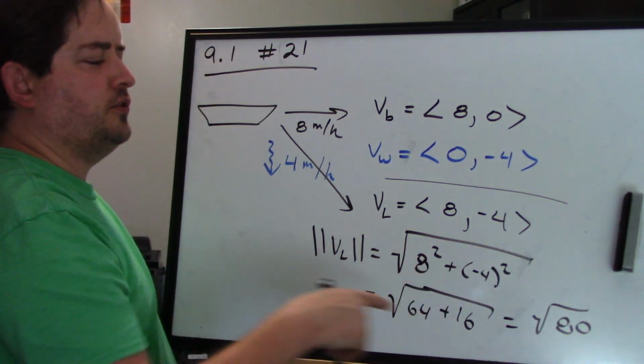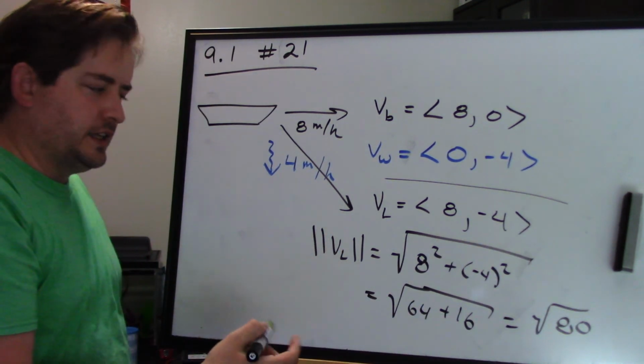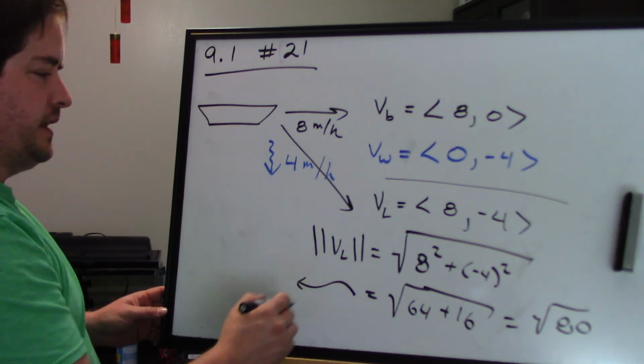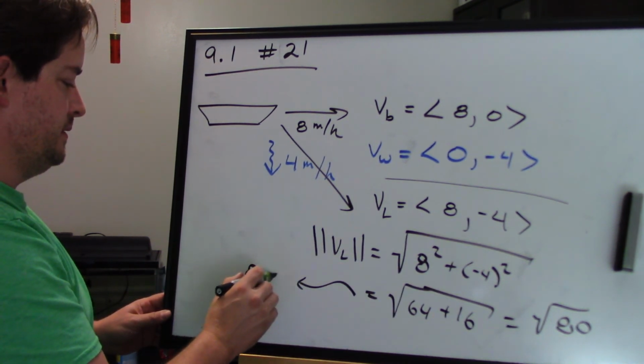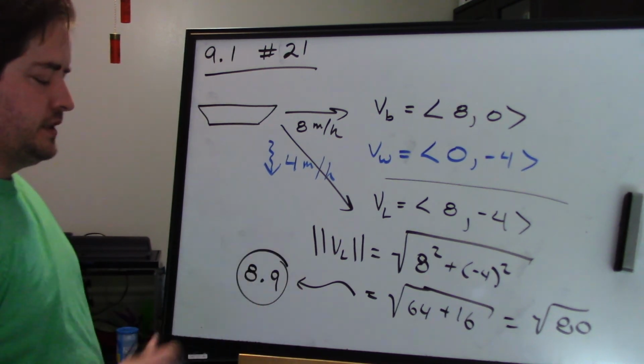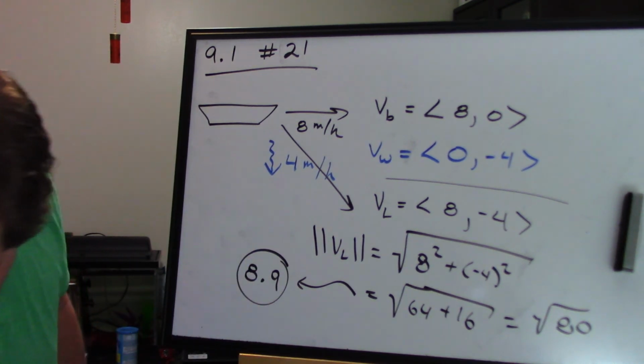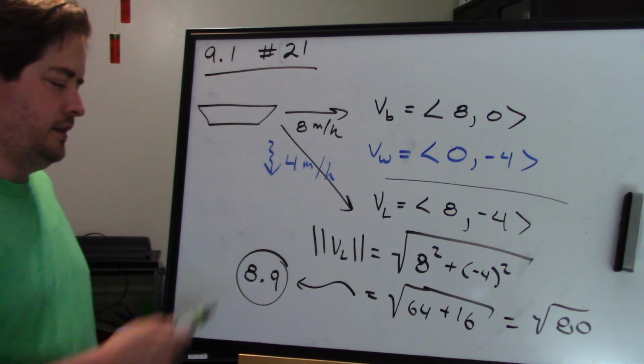It asks you to evaluate that and round it to the nearest decimal. If I remember right, that's just barely under 9, so I should get something like 8.9 for the magnitude, and I think that's right.